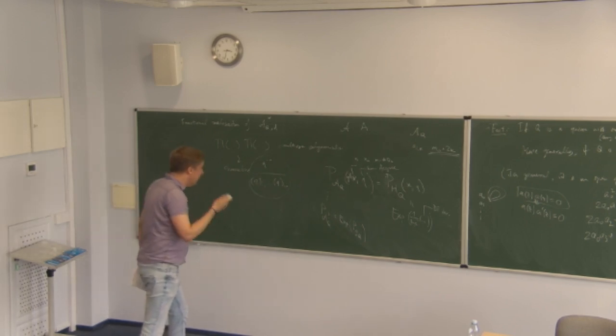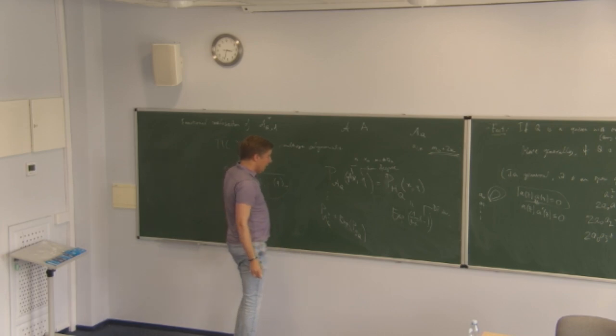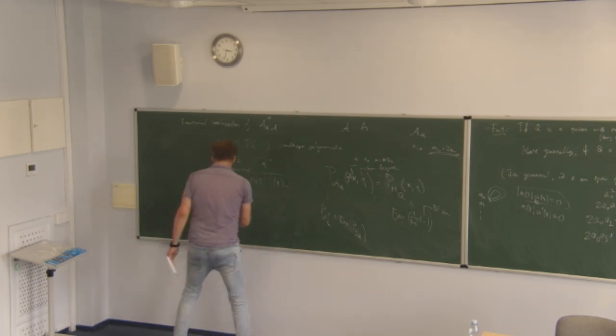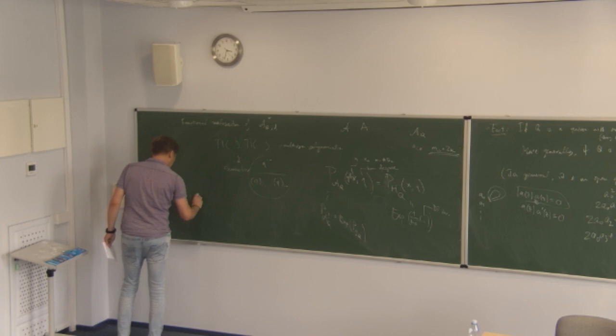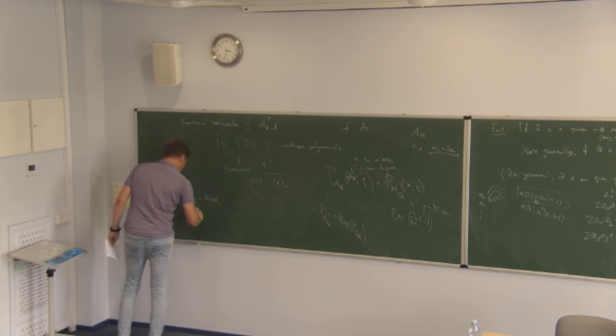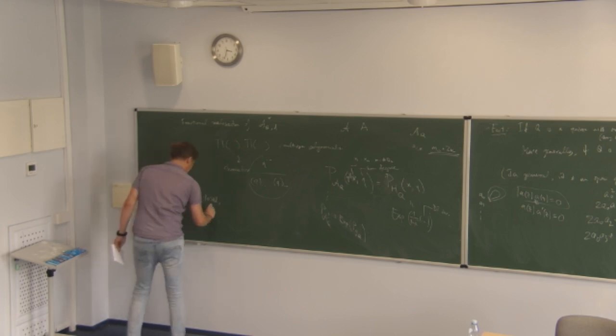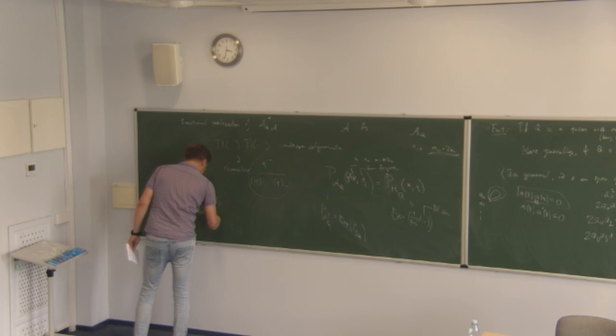And in fact, we are in luck, because if A_Q is Koszul, then there is a magical formula. It's not so magical, I will explain immediately.